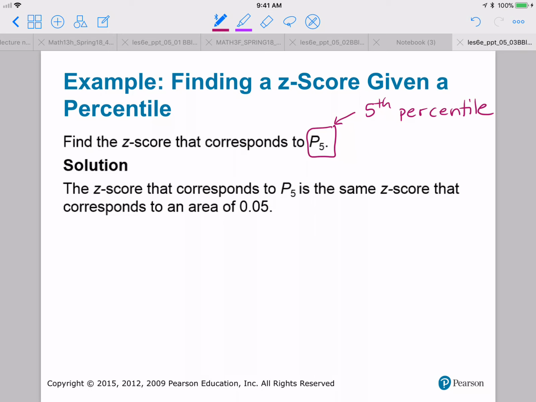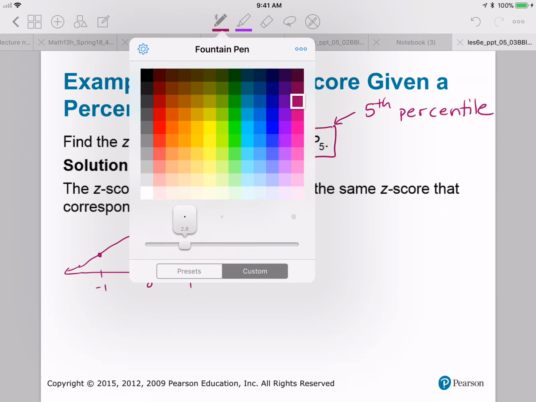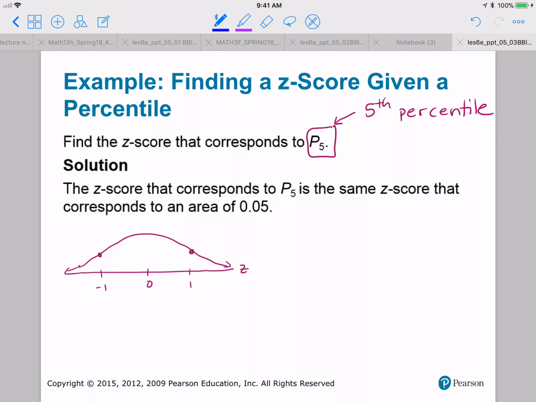So we're going to sketch our z distribution. Label it with z, 0, 1, -1. And now I need the number, what number is larger than 5% of the data.